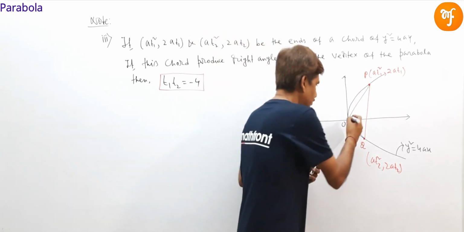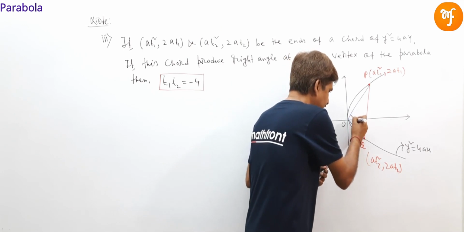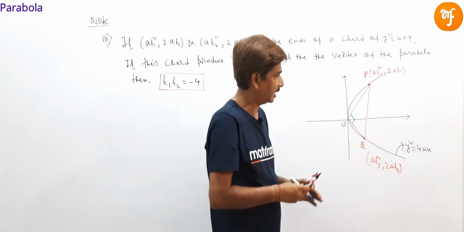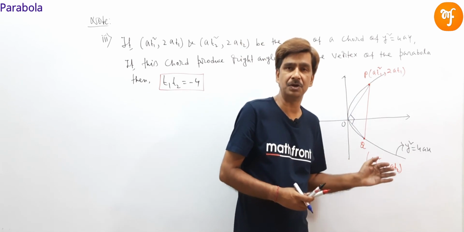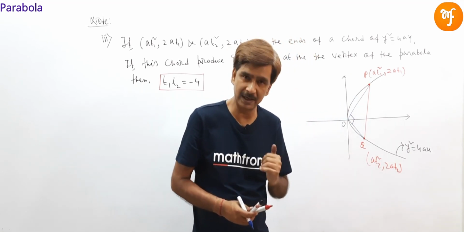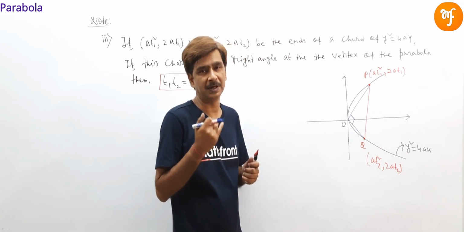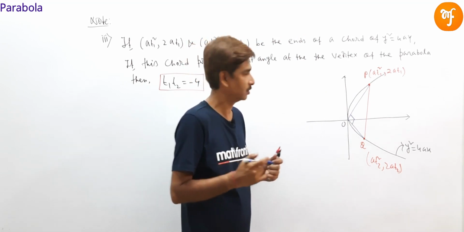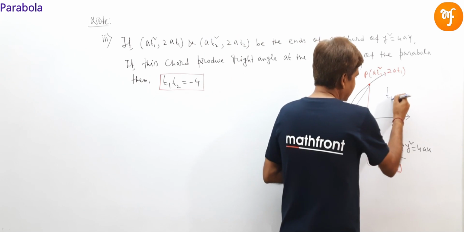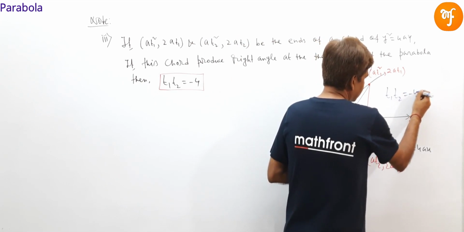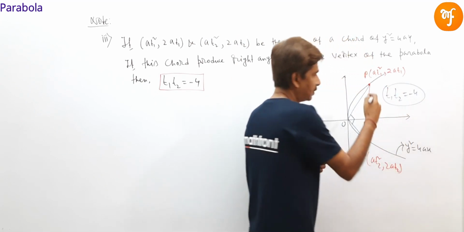Okay, so if this angle is 90 degrees, then the value of t1 into t2 becomes what? Minus 4. So that is t1 into t2 is equal to minus 4. So we have to prove it.